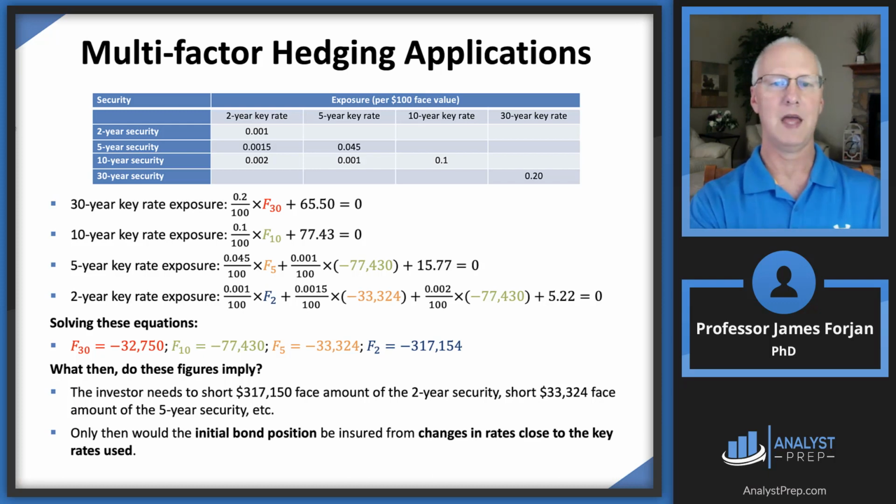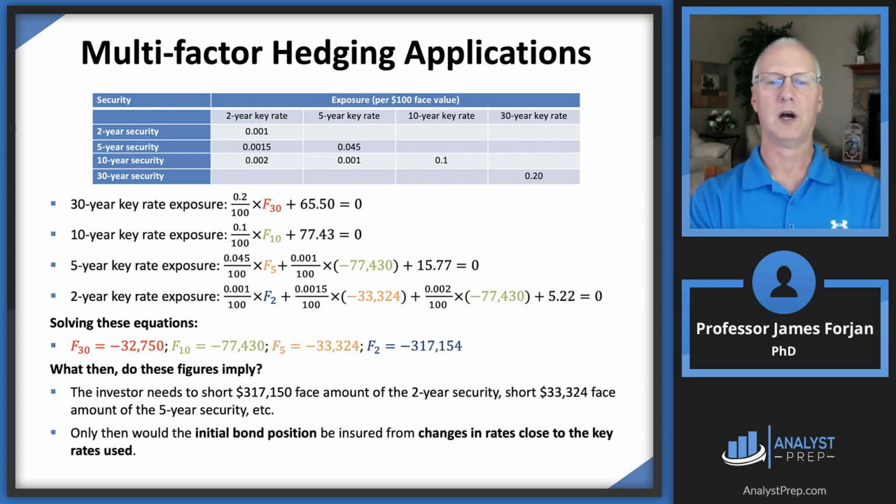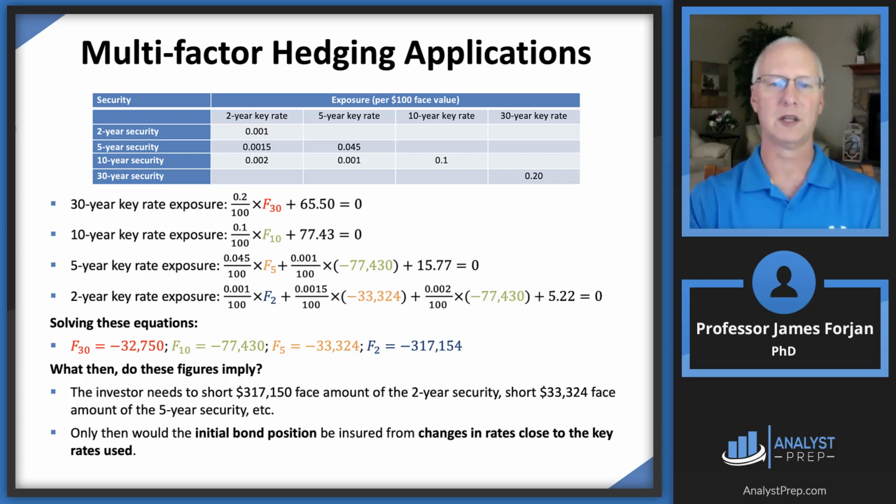All right, and then what we're going to do is we're going to do the same with the 10-year. We got the 10-year, we got the 0.1 divided by the 100 times the face value of the 10. All right, I'm just working my way down on those things. I'll get to the other parts of the equation here in just a second.